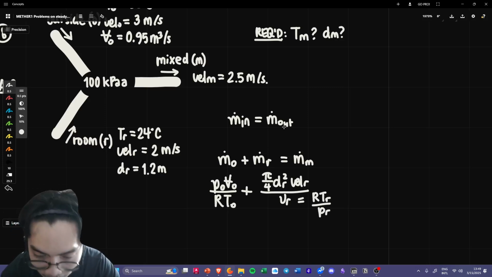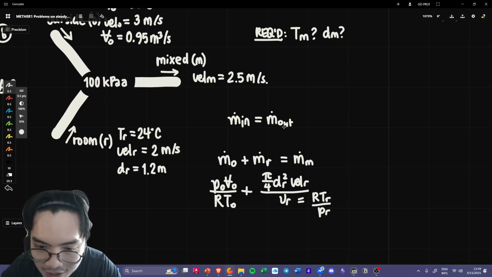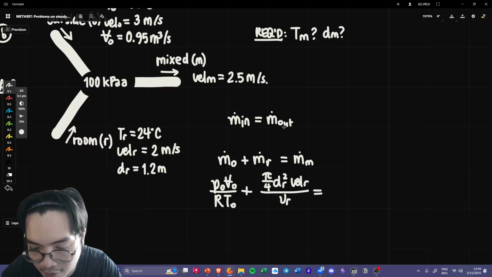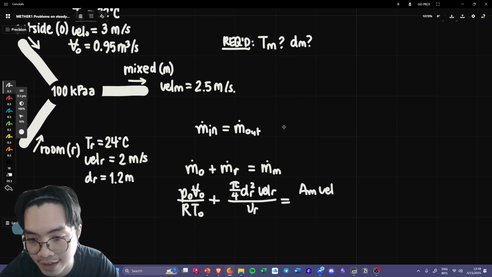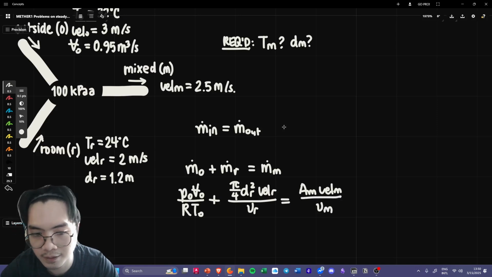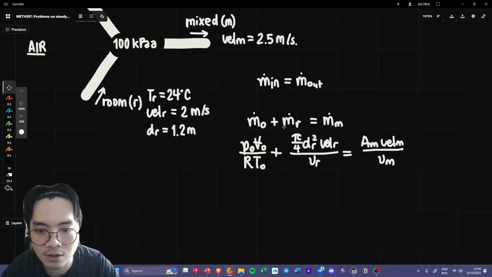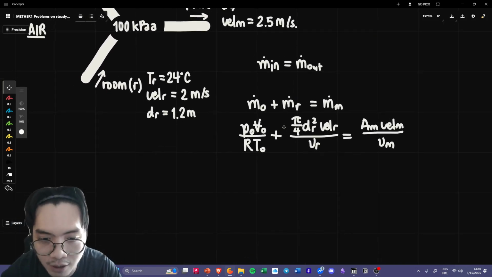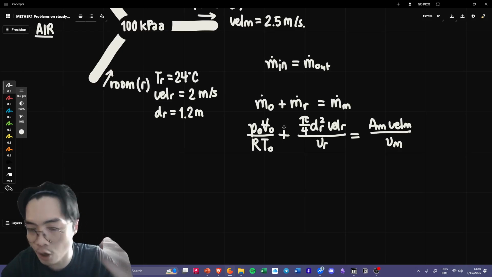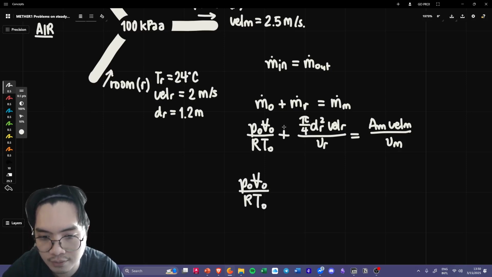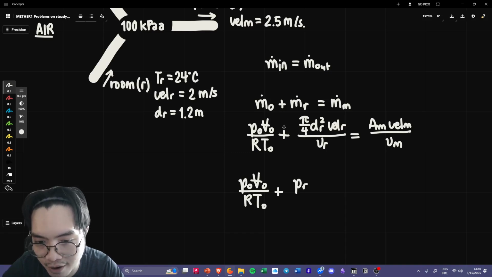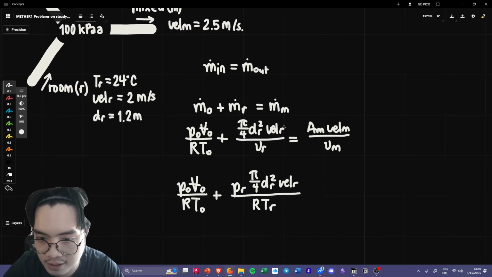which now we can turn again into RTR over PR. So again, I am making this way more complicated than it should be, so let's let it stay there for now. And then our MM is going to be vel M over VM. And so what we can see right now is that if we turn all of this into a super complicated equation, this will be PO VO over RTO, plus, again, PR, pi over 4, dr squared, vel R, all over RTR, is equal to AM.